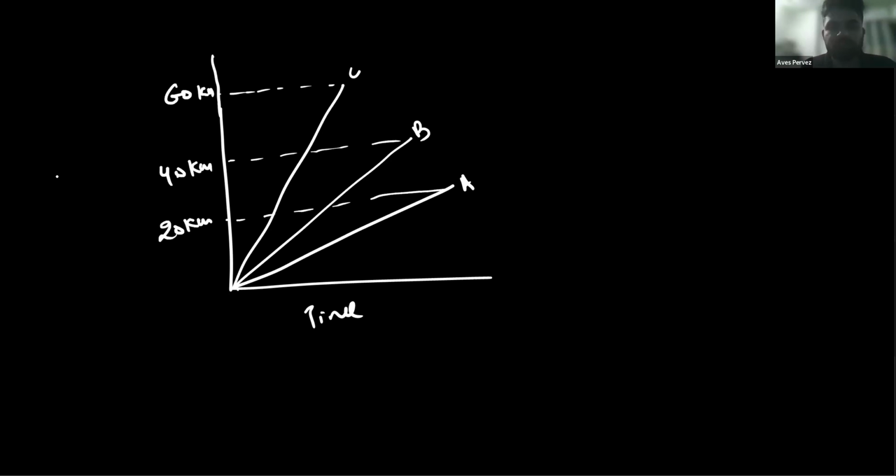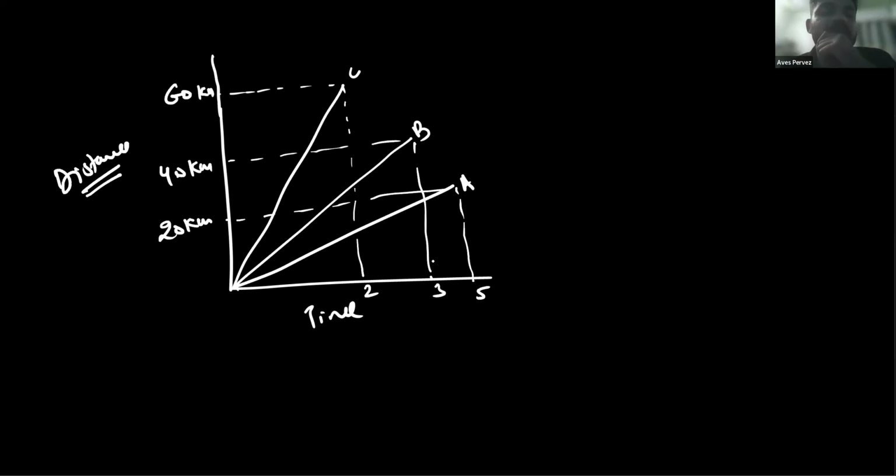This is distance, and this is a distance time graph. You notice here that this is 2 hours, this is 3 hours, and this is 5 hours. If one car is traveling 60 kilometer in 2 hours, another car is traveling just 40 kilometer in 3 hours, and car A is traveling just 20 kilometer in 5 hours, which one is faster?